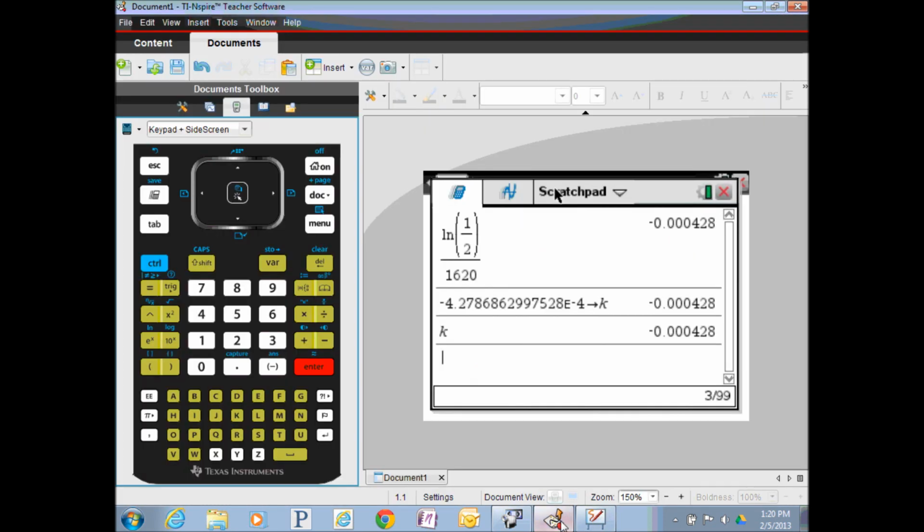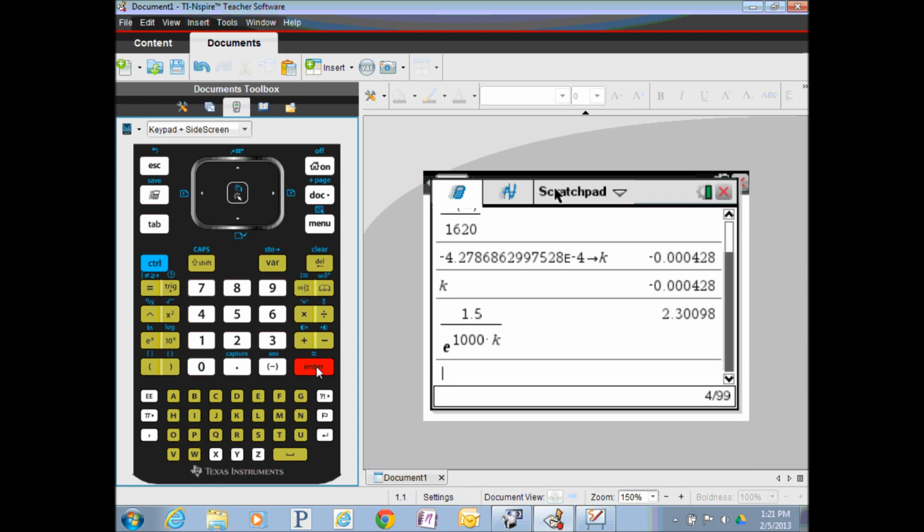So let's go back to my calculator. I have 1.5 divided by e to the, I'm going to multiply two numbers together, 1,000 times my K value that I had stored. Notice on my Inspire my K is now bold-faced, which means it's the one that I have stored. When I hit enter, there's my new C value.